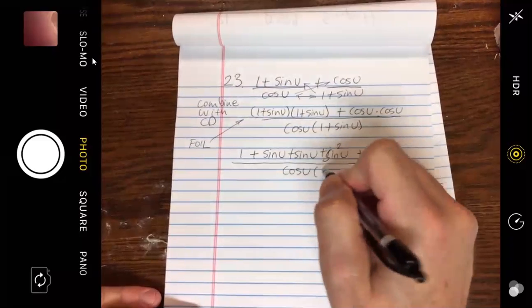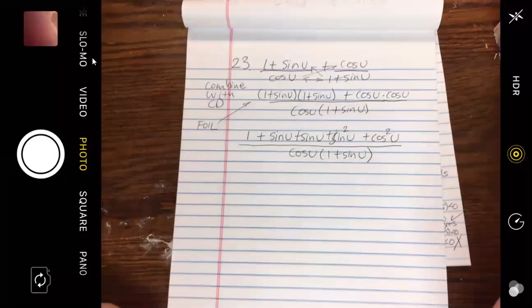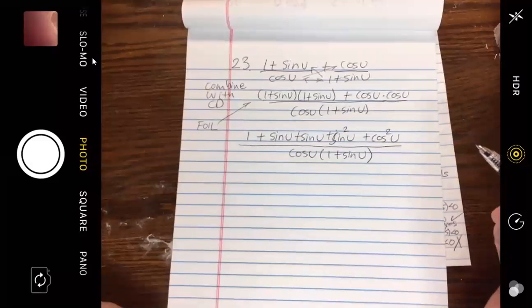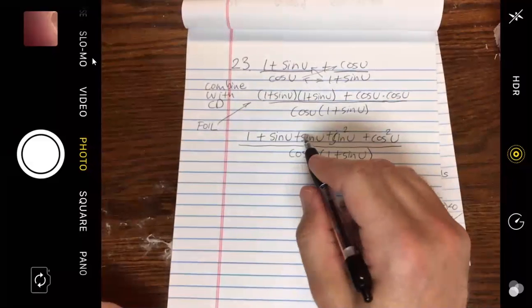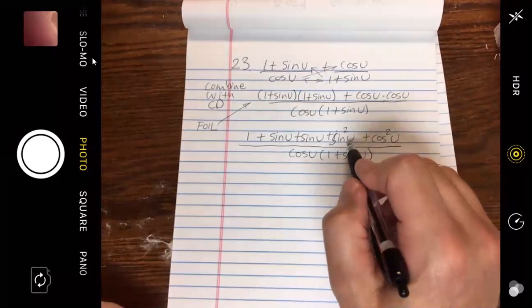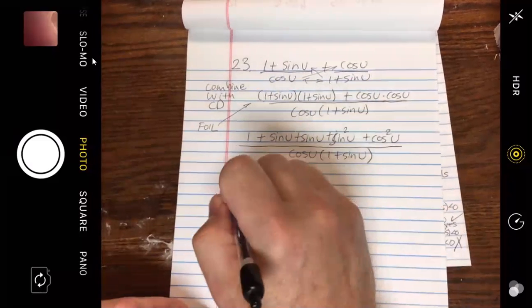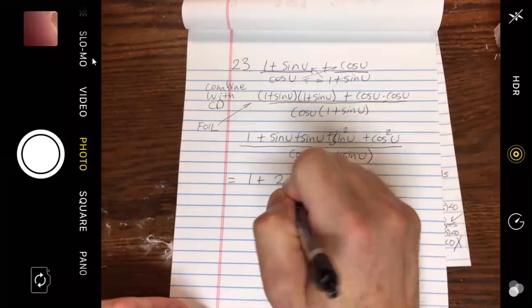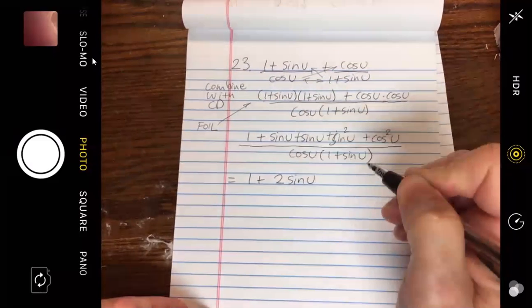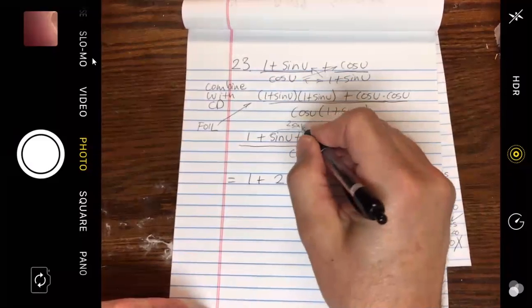Cosine u, 1 plus sine u. All right, got examples of combining like terms here. Sine u times sine is sine squared, but sine u plus sine u is 2 sine u. This becomes 2 sine u.